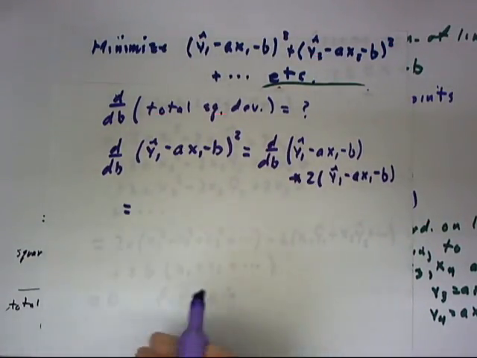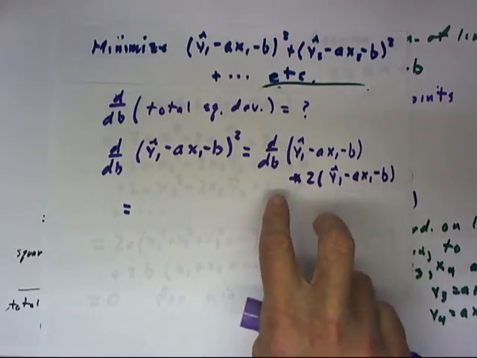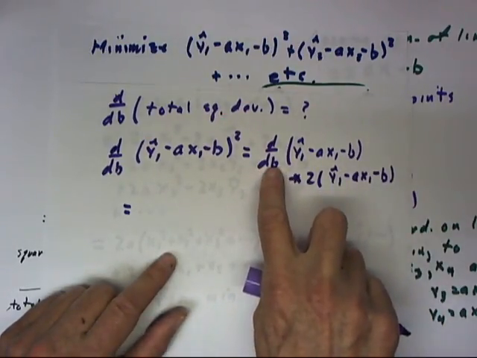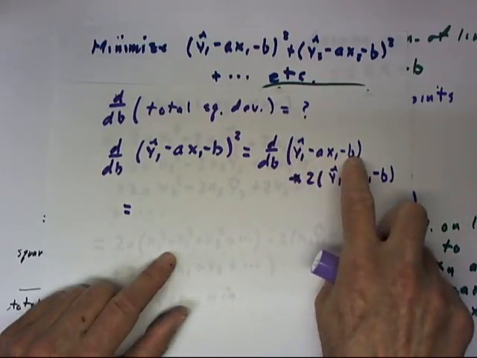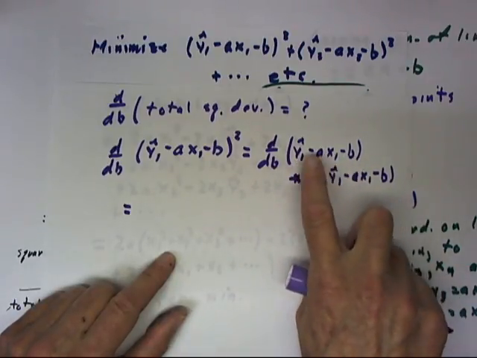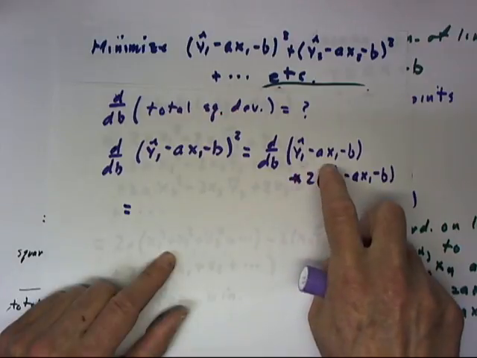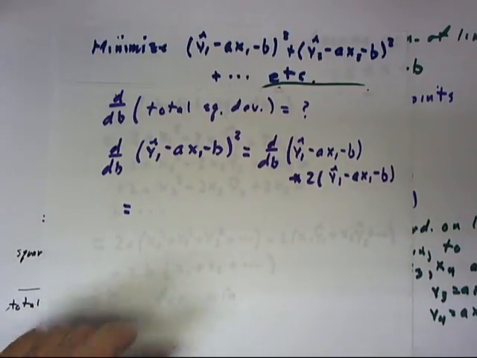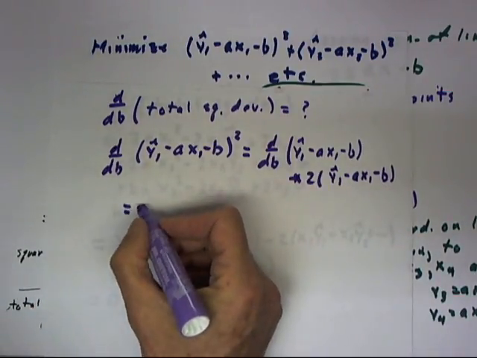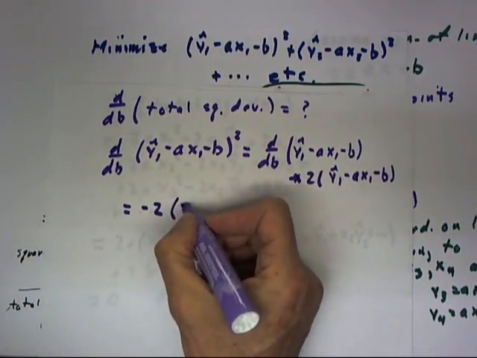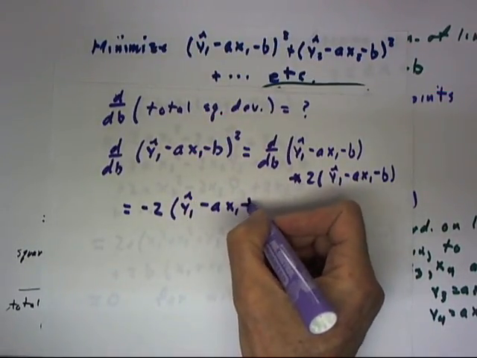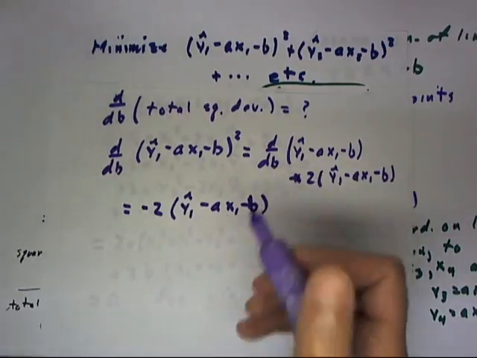This expression turns out to be a little simpler than it was before, because the derivative with respect to b is simply -1. y1 hat is a constant number, x1 is a number we've observed, and a, being the other variable, is treated as a constant. So what we have is just -2 times (y1 hat minus a x1 minus b).